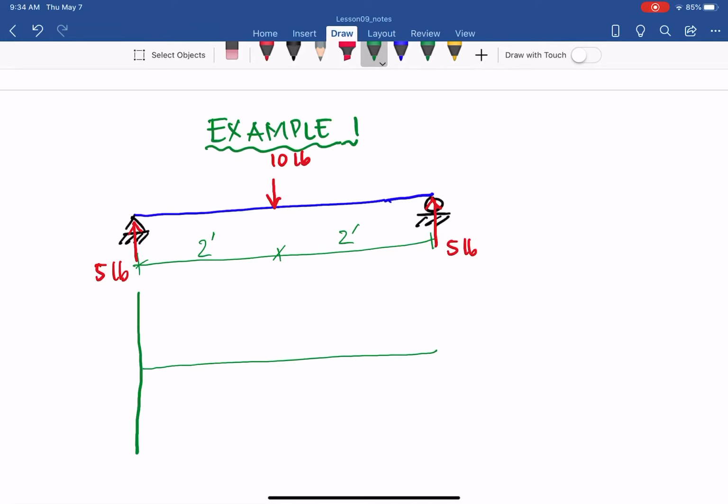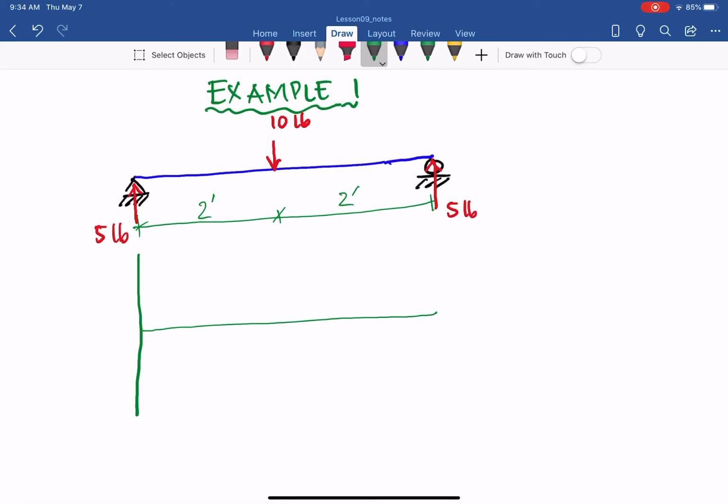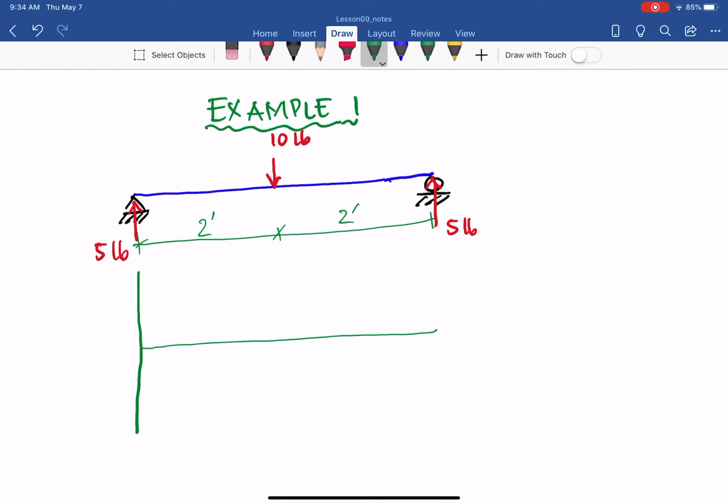Watch the positive and negative, and any change we will have. Roughly, from left to right, the first change is the support. The second point to consider is the point of the distributed load. And the last one will be the external reaction at the roller on the right side of the beam.